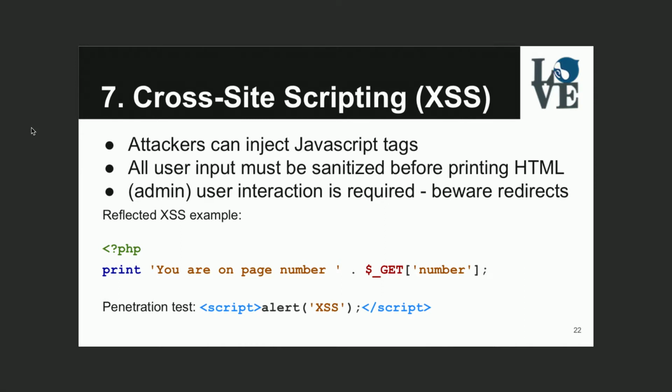Someone, the attacker, could construct a URL, and the number parameter in the query string could actually be a long string of HTML with script tags, and they could then send you that link in some way. They could put it in bit.ly or something and make it look like a short link, send it to you, and say, hey, could you tell me what you think about this page? You click the link, you say, oh, it's a bit.ly link, it must be safe, right?